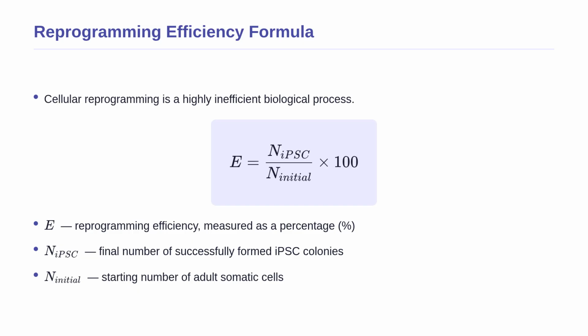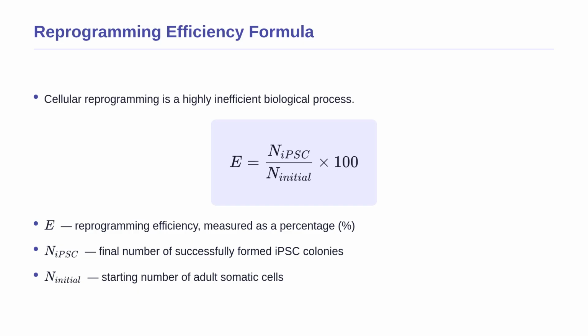Here, E represents the reprogramming efficiency, measured as a percentage. The symbol N iPSC stands for the final number of successfully formed stem cell colonies that we can count in our Petri dish. The symbol N initial represents the starting number of adult somatic cells we attempted to reprogram.